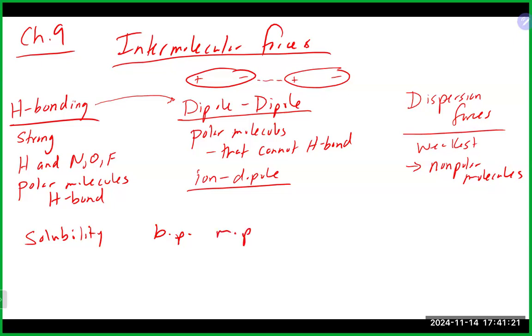And typically speaking, if you have a really strong intermolecular force, that guy's going to be held together pretty strongly, and that's going to translate into a higher boiling point, a higher melting point, because it's going to take a lot more energy to get those guys to break apart, which is pretty much what you're doing at those sort of transitions. And if something is held together by a much weaker intermolecular force, it will have a lower boiling point, melting point, because again, they're not held together as tightly. So it doesn't take a lot of energy to get them to sort of separate apart.